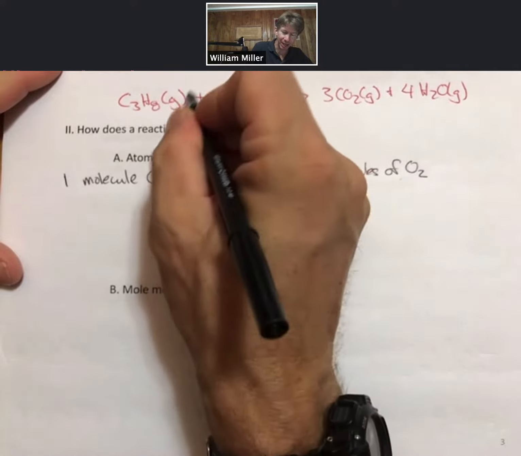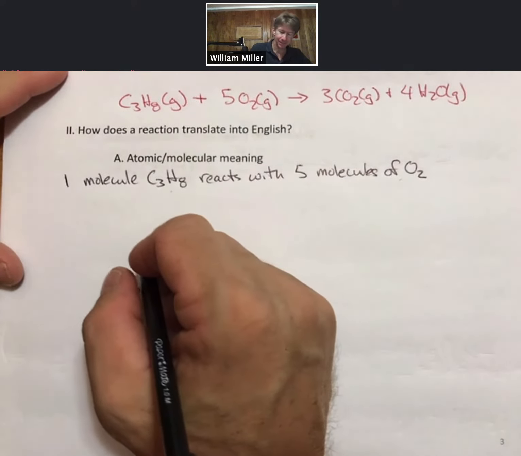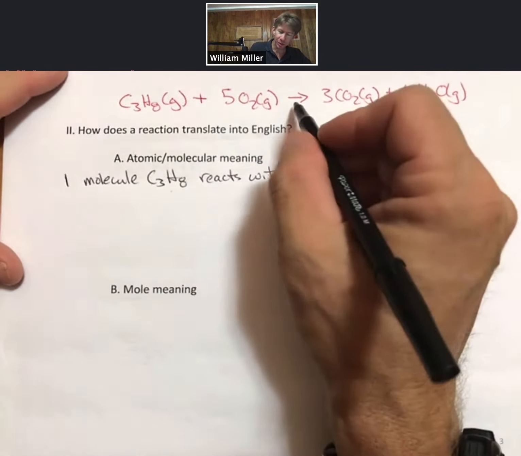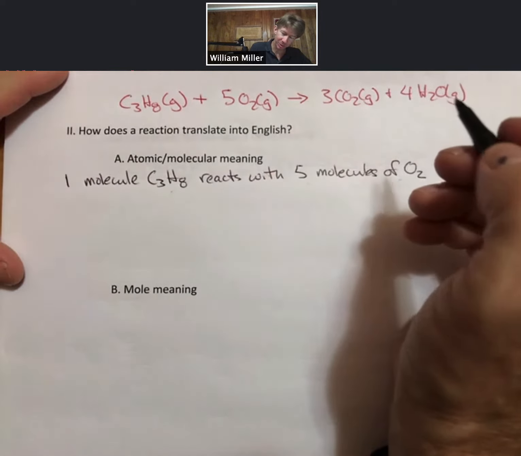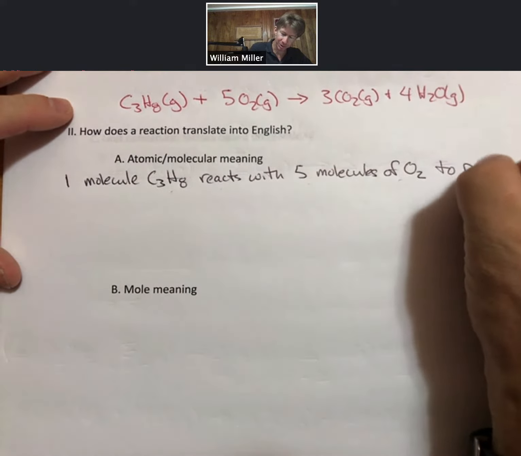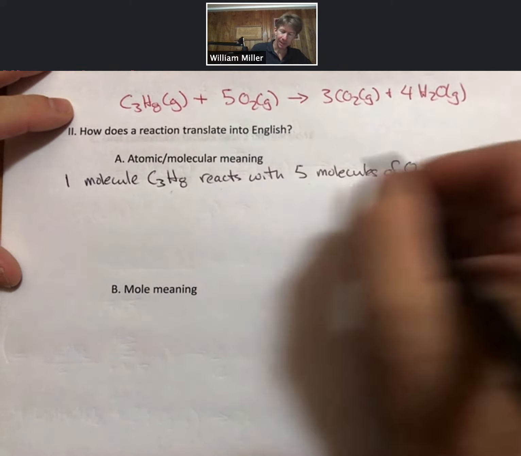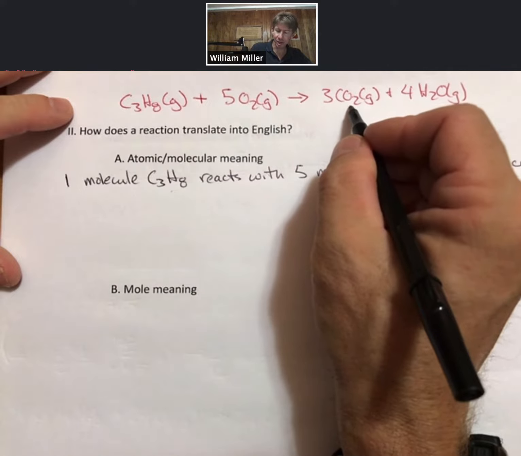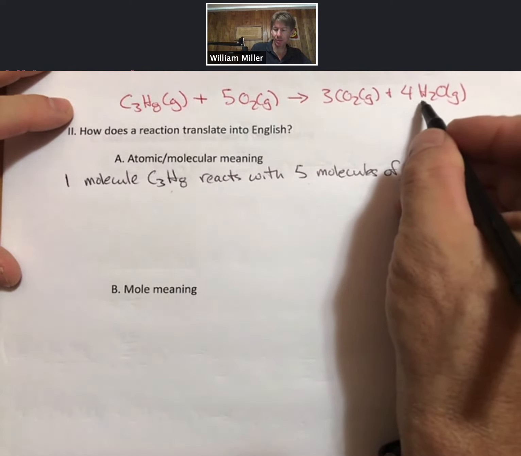So reacts with or added to is what the plus means. To produce, or reacts to produce, that's just right, to produce 3 molecules carbon dioxide and 4 molecules H2O.